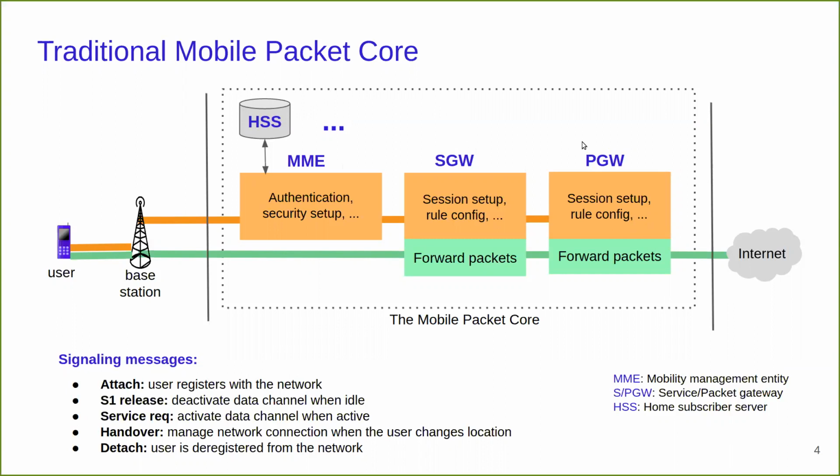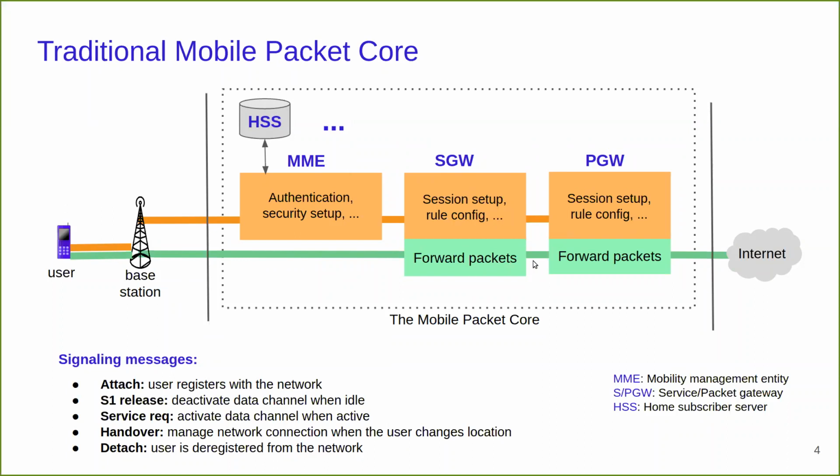Now I'll talk about a few signaling messages that the mobile core processes. The user generates an attach message to register to the network. For attach message processing, the MME performs user authentication using the security key database HSS, whereas the gateways set up data sessions and configure data plane rules.